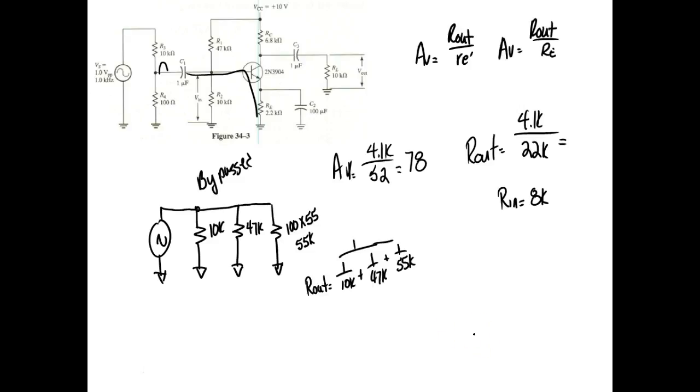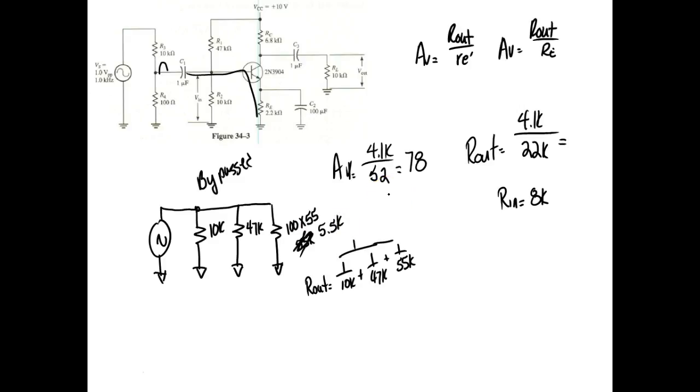So that's 10K reciprocal plus 47K reciprocal plus 55K reciprocal equals reciprocal. Yeah, this is wrong too. Sorry. This is 5.5K. I can't do math. Slow down, Rich.